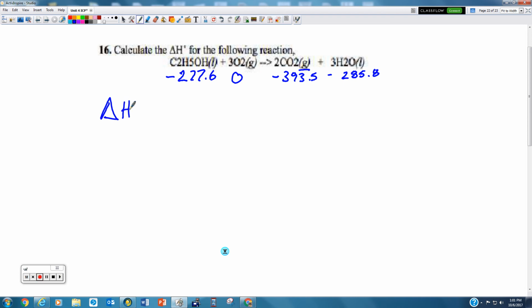Delta H of the reaction equals the sum of the products.